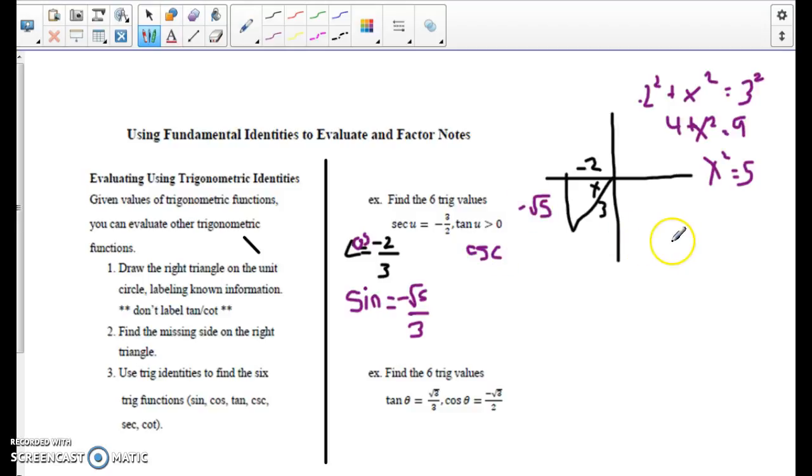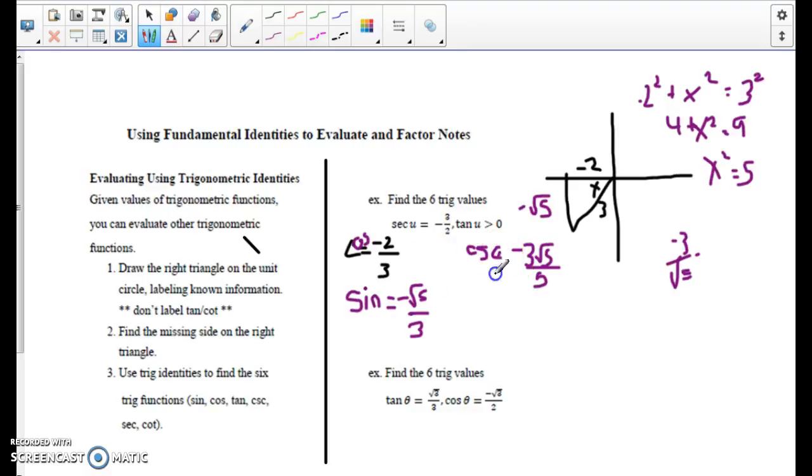I automatically know it's going to be negative, but when I flip it, I get this, and I must rationalize. I multiply the top and the bottom by the square root of 5, and I get -3 square roots of 5 over 5. I'd make this a lot neater if I were you on your paper.